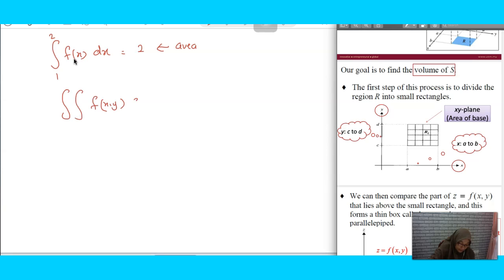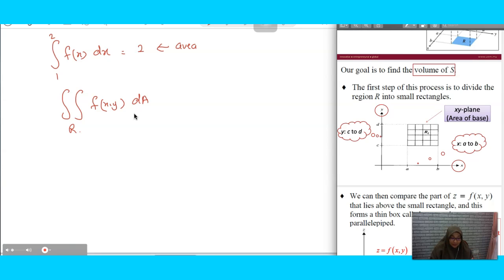We have dA over the region. If I ask you what you can obtain from a double integral, you might wonder: you know how to solve the double integral, but what does that mean?